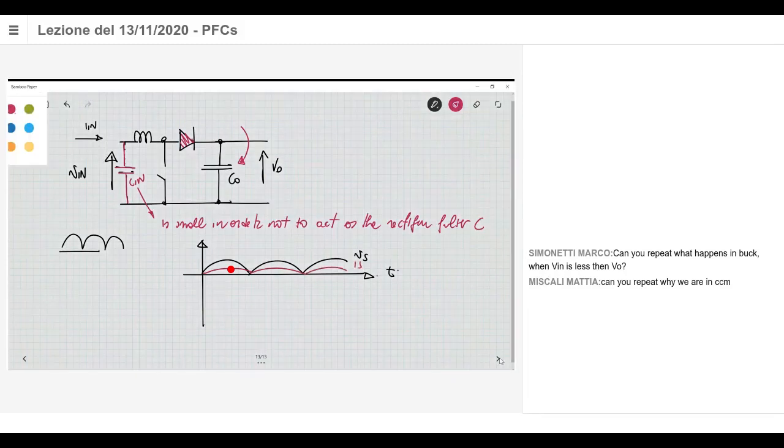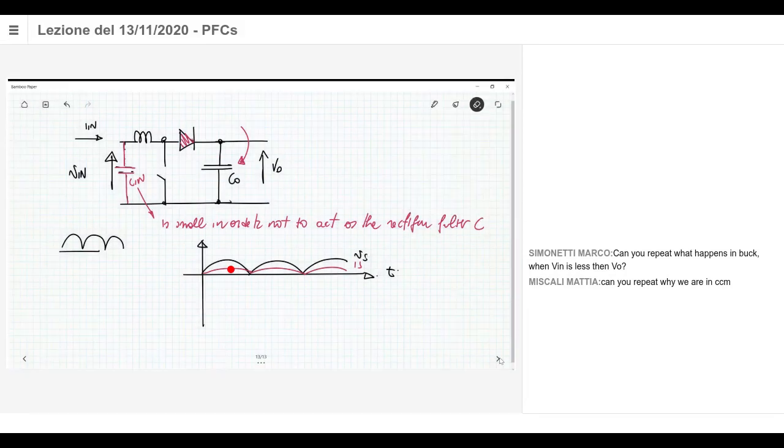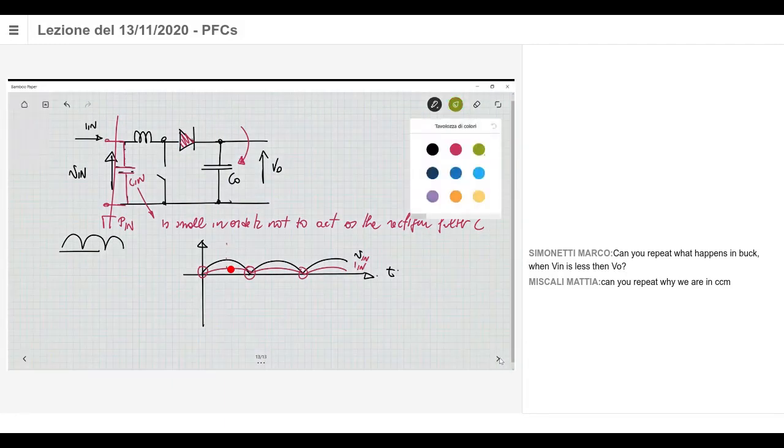Sorry, I call them V in and I in. So which is the power? The power is the product of the two. The power entering the system, P in, if you want to call it this way, is null here, is null here, is null here, and then it has a maximum here, so it's something like this.